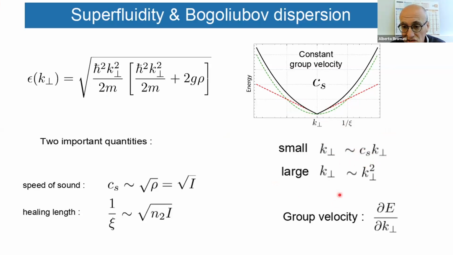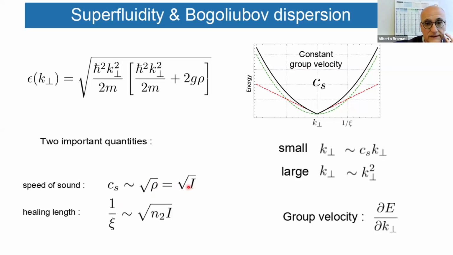For large wave vector, we should recover a parabolic dispersion. In this case, the speed of sound is also proportional to the fluid density, which is, of course, in this case, proportional to the intensity of the light beam sent in the nonlinear medium.